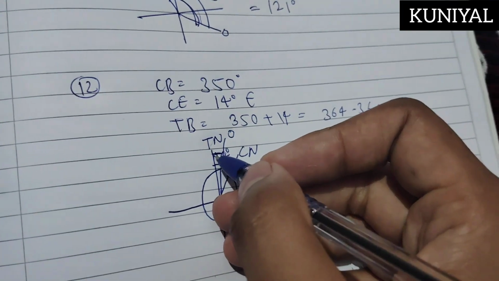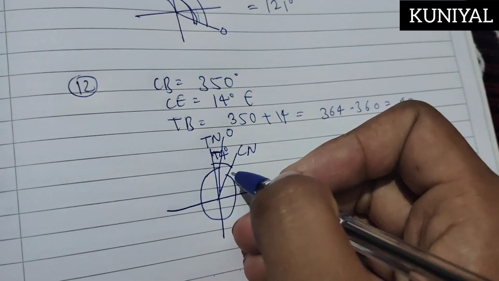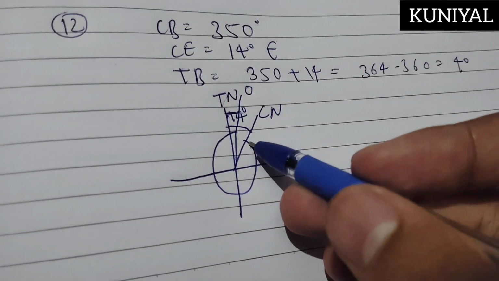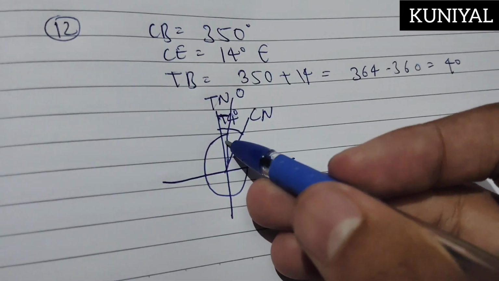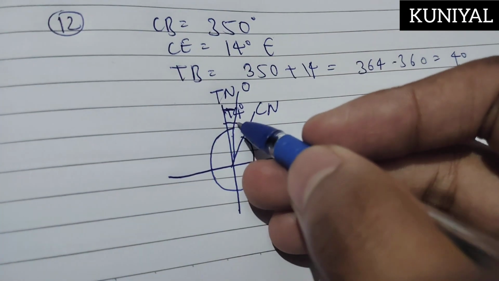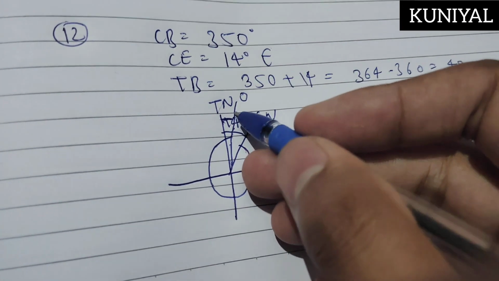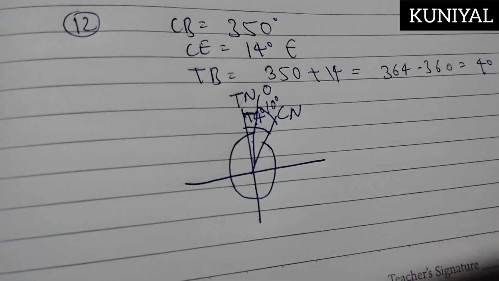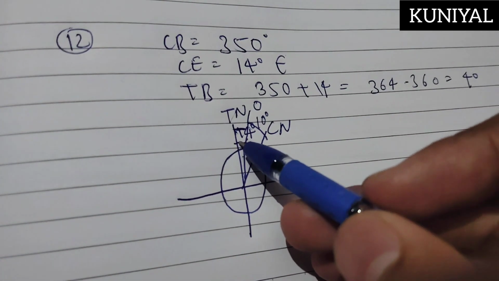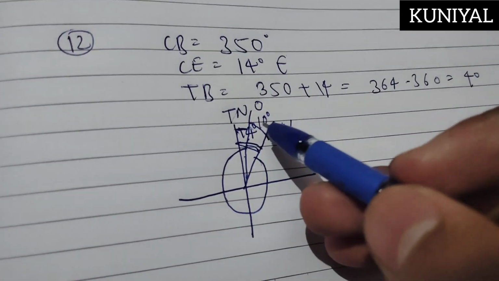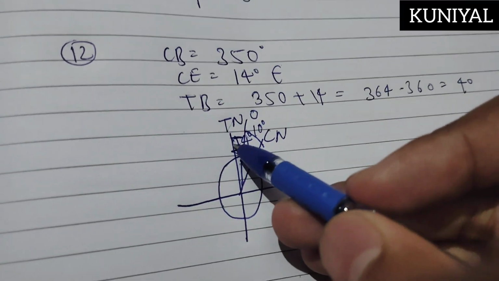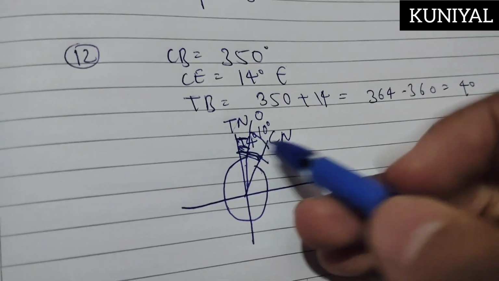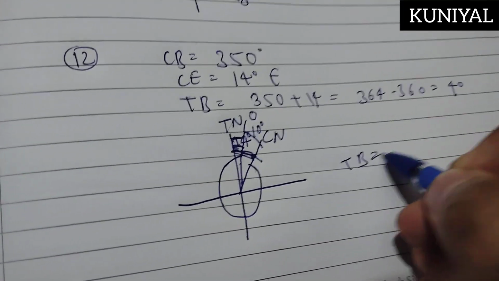How will we get this? From here to here is 350 degrees, so this area is 10 degrees. So when we subtract 10 degrees from the compass error of 14, we will get the true bearing. So true bearing will be 4 degrees.